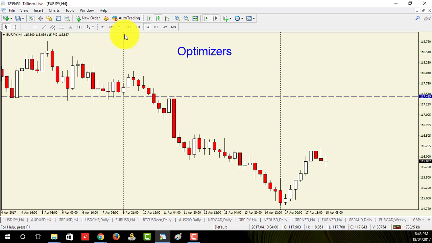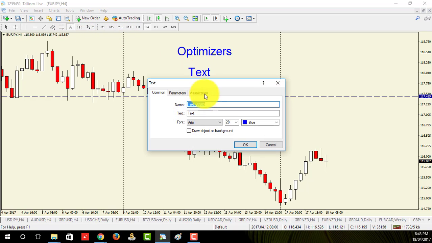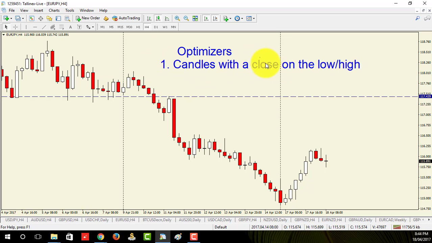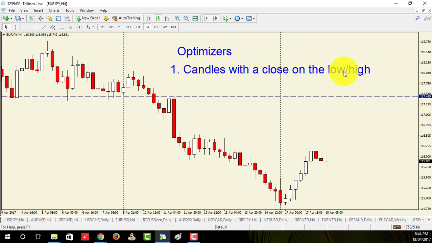So the optimizers are that you will trade the candles with a close on the low or the high. You do not want to have a wick on these, especially if it's a bullish one, you want to see that close right up near the high. And if it's a bearish one, you want it right near the low.